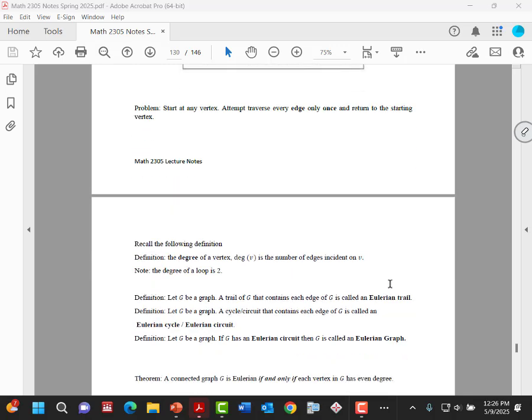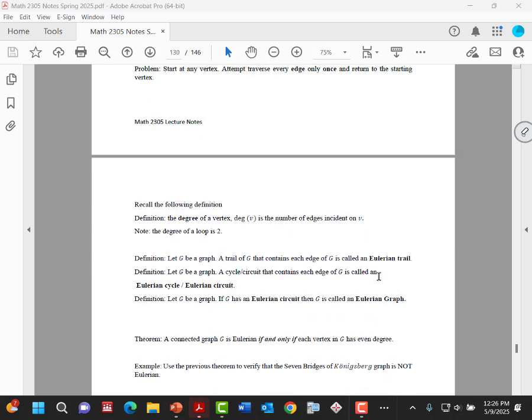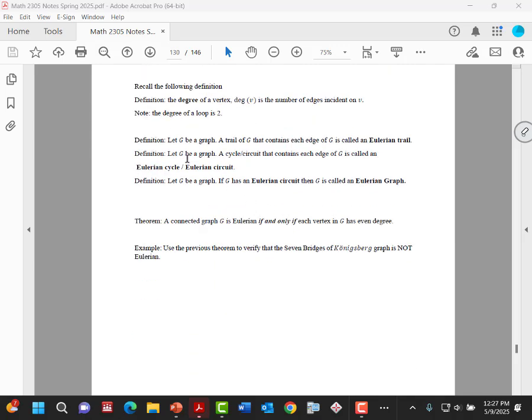So let's recall the following definition. The degree of a vertex is the number of edges incident on V, and note the degree of a loop is 2. So a couple of definitions. Let G be a graph.